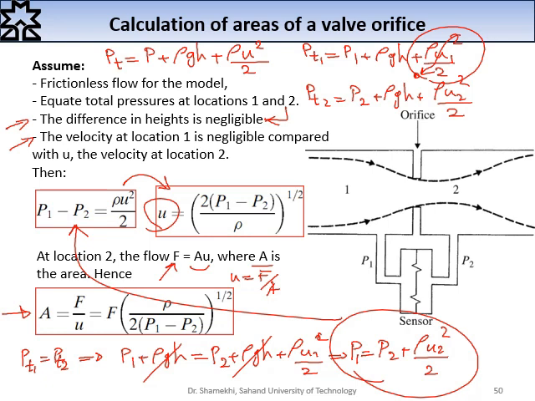The area is proportional to flow, and also some other parts here. The difference between the pressures, higher differences lead to a small orifice area, as you can see.